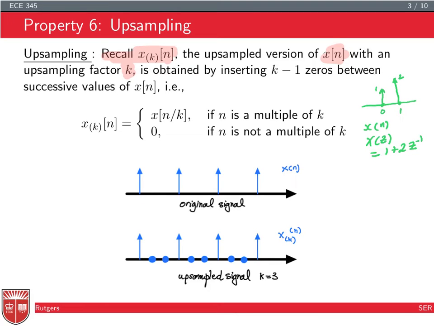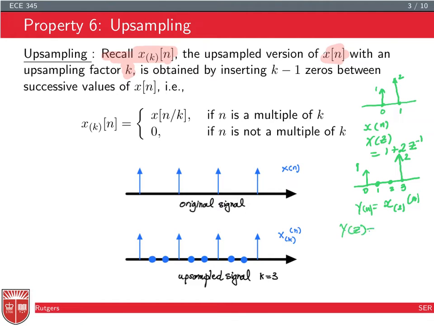Now, if I pick the upsampled signal with k equal to 2, I'm going to have 1 at 0, 0 at 1, 0 at 2, and then at 3, I would have 2 here. So this is x2 of n, meaning I'm upsampling with an upsampling factor 2. Let's call this y of n, just to make it easy to refer to the Z-transform.